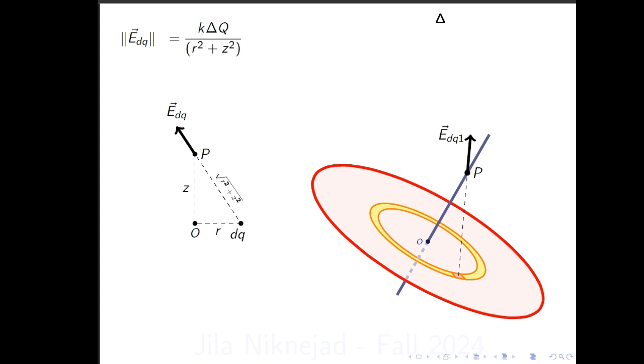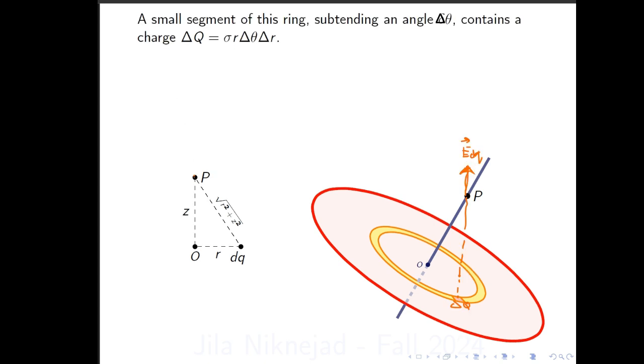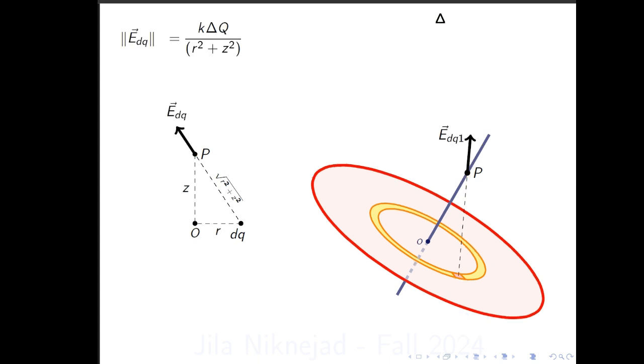Therefore, the magnitude of this field is going to be k delta q divided by the distance, which is square root of r squared plus z squared, to power 2. Next, let's find the magnitude of vertical and horizontal components of E sub dq.